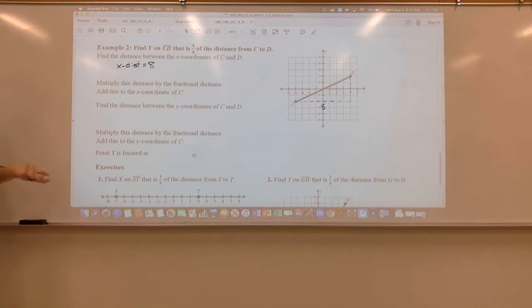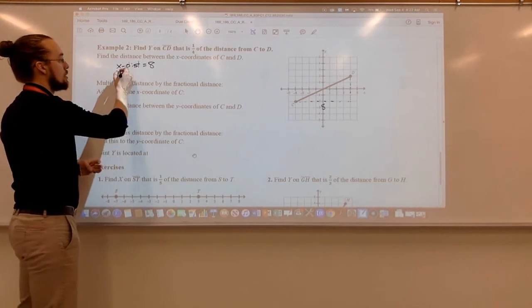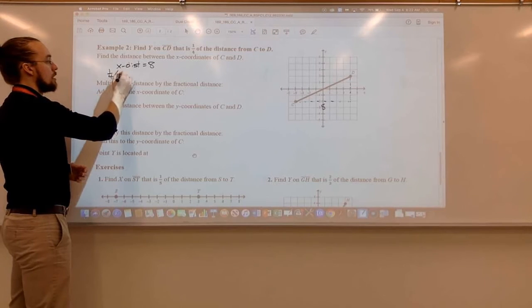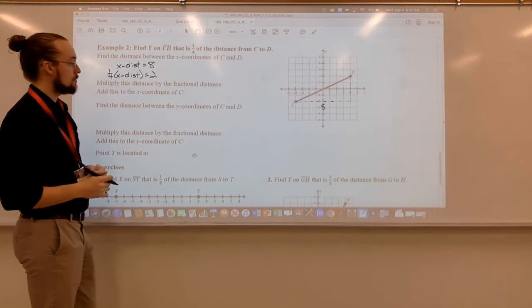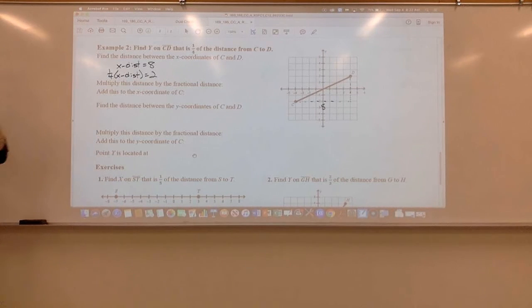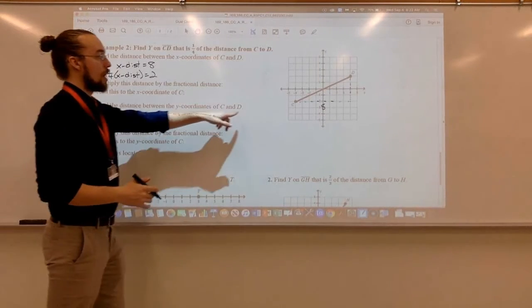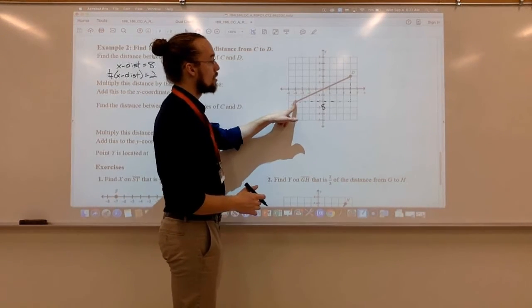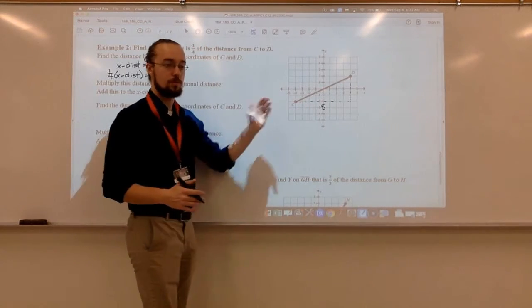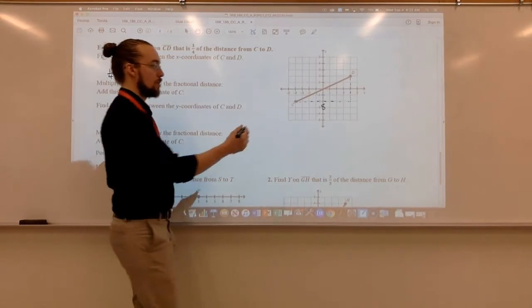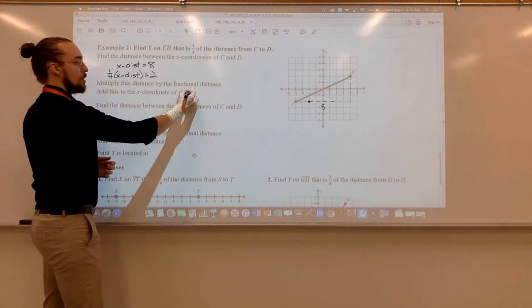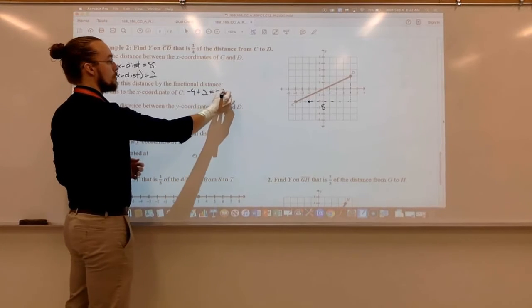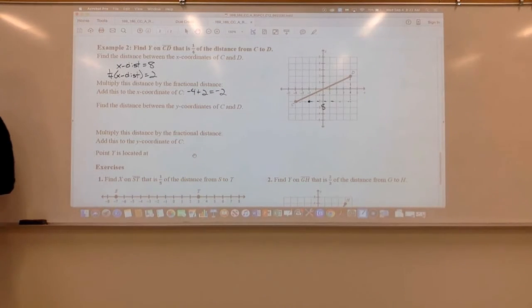So 1/4 of 8 is 2. So 1/4 of that x distance is 2. Now that I know that's the distance I need to travel along the x's, I start at -4 and I go a distance of 2 along the x's. That's going to bring me to -2. So -4 plus 2 gets me that my x coordinate is -2.